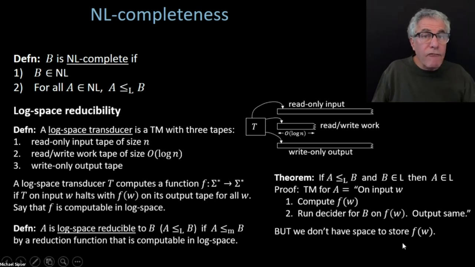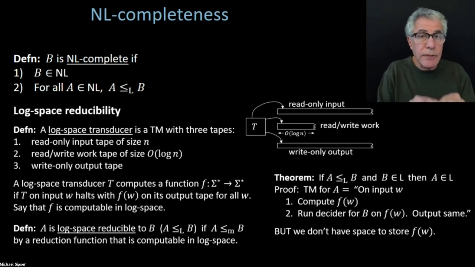So instead of writing down all of f of w, the idea is that we are going to compute the individual symbols of f of w that we need only at the moment we need them.